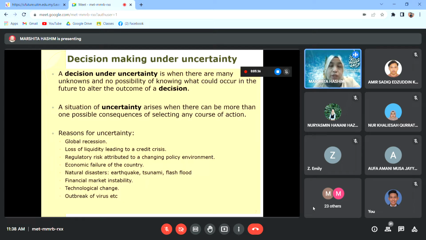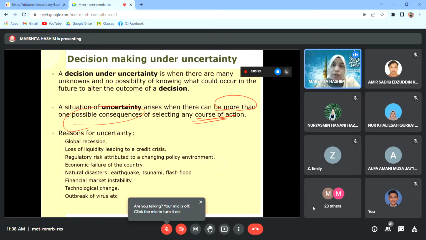So situations of uncertainty arise when there can be more than one possible consequence. You have too many consequences of selecting any course of action. That means you have too many options. In that case, you may make a decision under uncertainty, ketidakpastian.